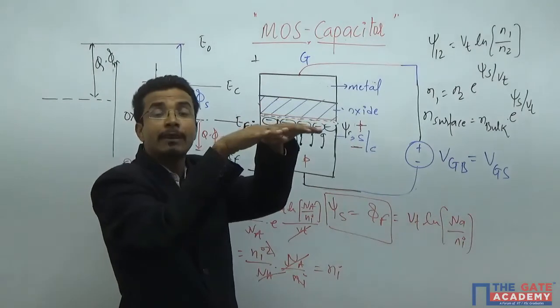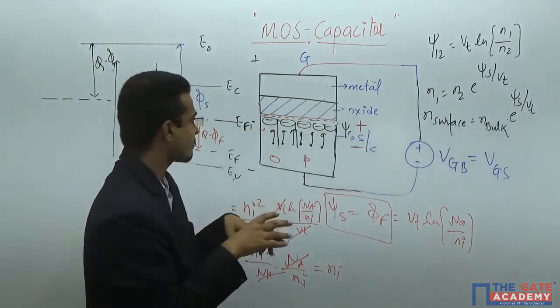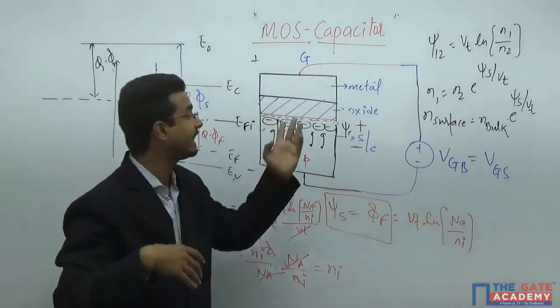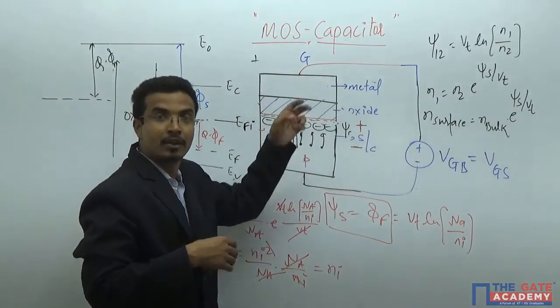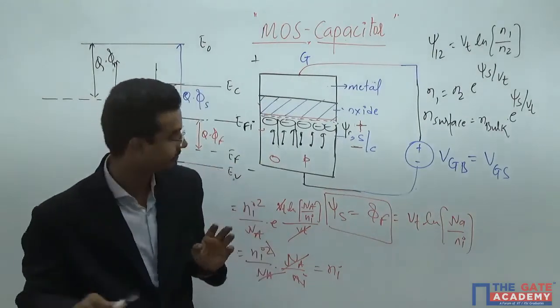Then only the multiplication of both charge carriers will be Ni squared, the mass action law. And why can you apply this? Because you have assumed that no charge is transferring from here to here, because the mass action law is only valid for the equilibrium condition.